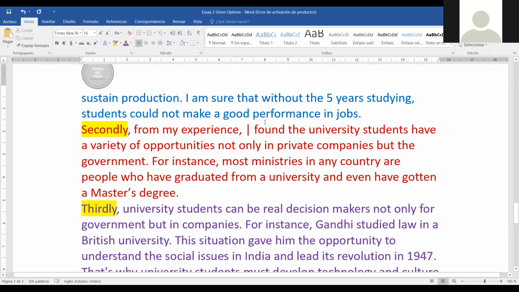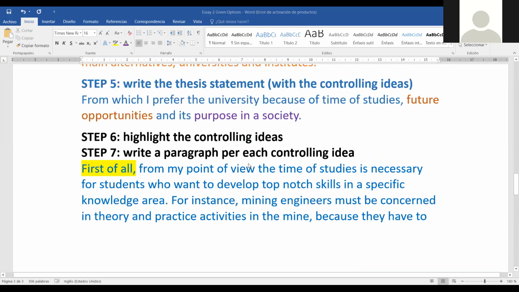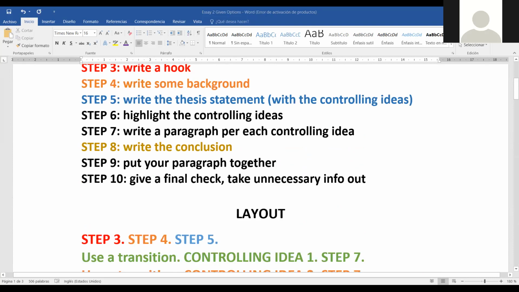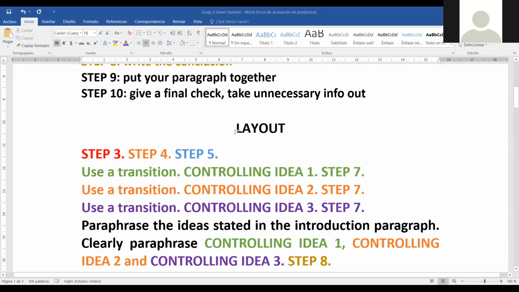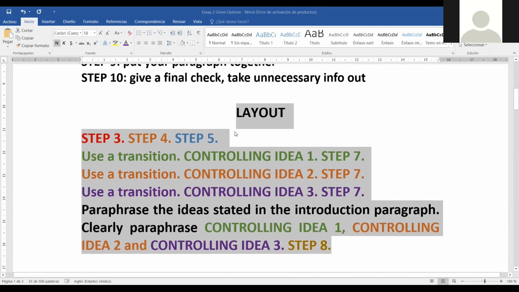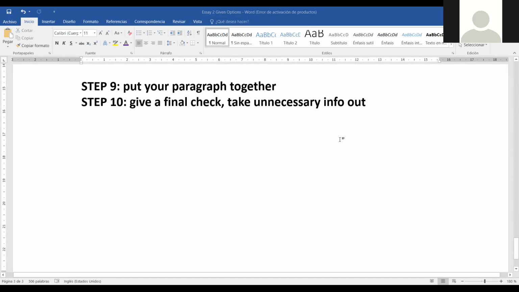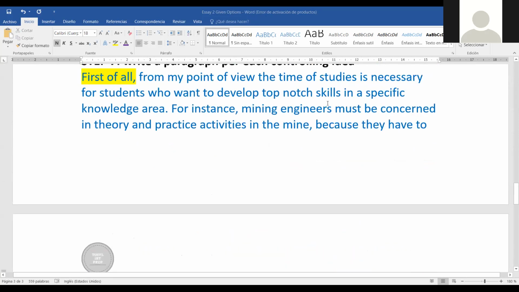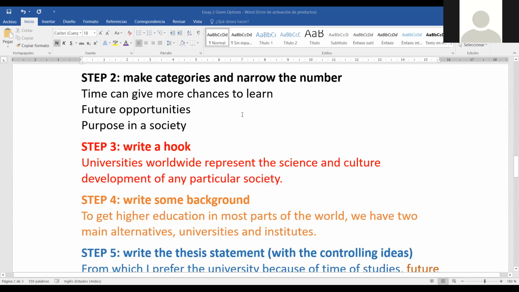Let me copy the layout. I'm going to copy first my hook.